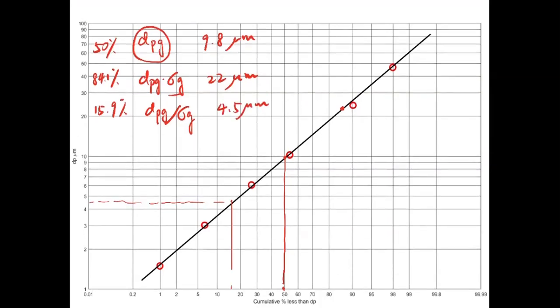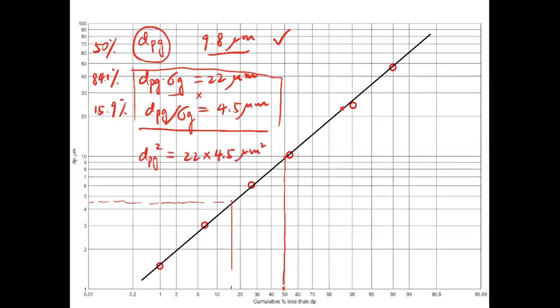Based on this relationship here, we can calculate what is DPG and what is sigma g. It is quite straightforward that 50% is 9.8 micrometer, right? And then by using these two equations, we can multiply them together. DPG squared is equal to 22 multiplied by 4.5, right?